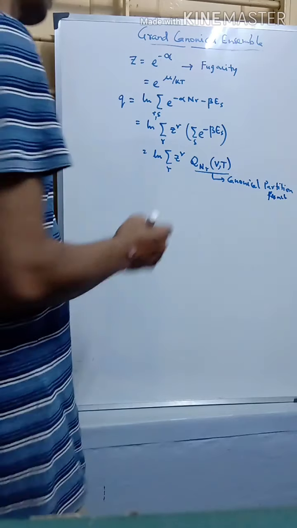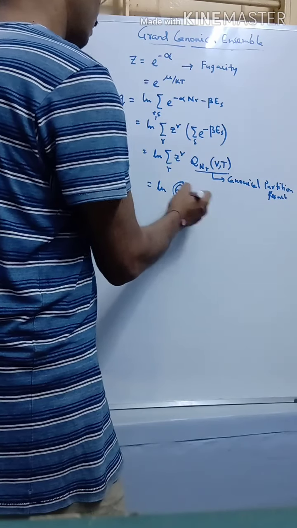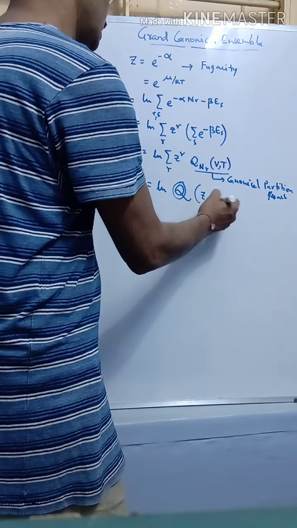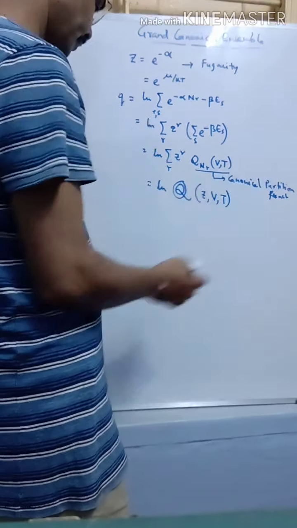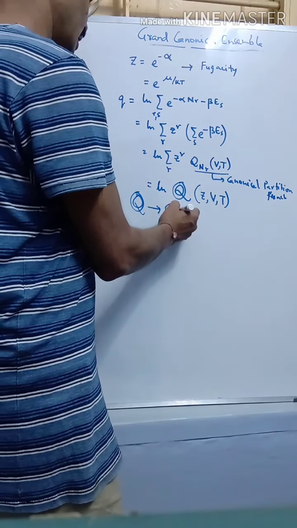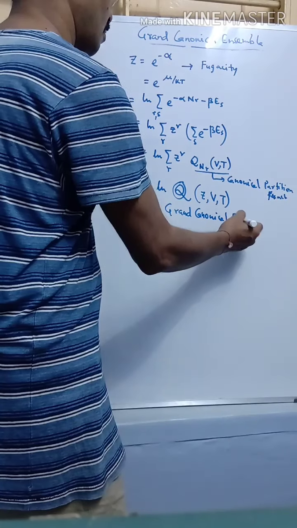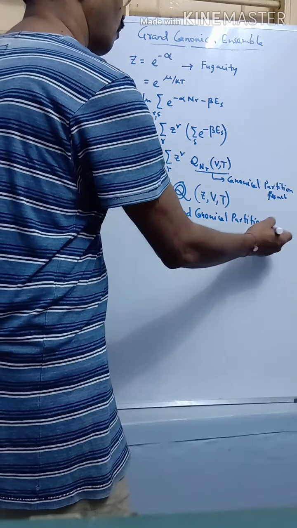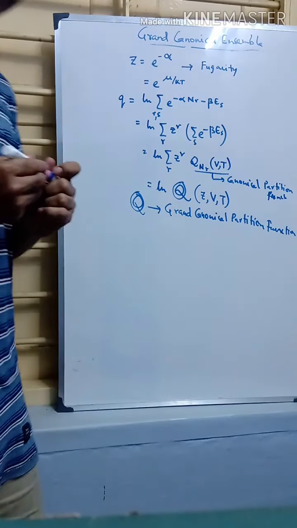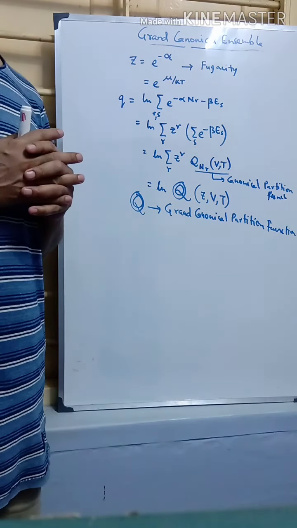Now we can call this whole thing something I would like to define as a double q, where this q is a function of z, v and t, and this double q can be called the grand canonical partition function. So once this q is calculated for a given problem, then we can arrive at the different thermodynamical parameters.